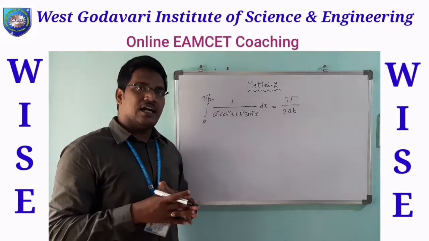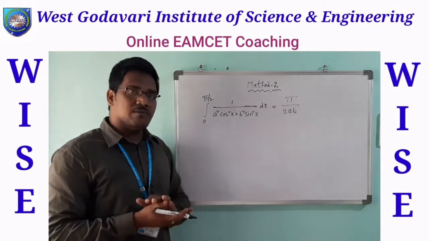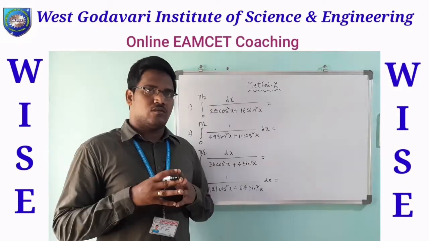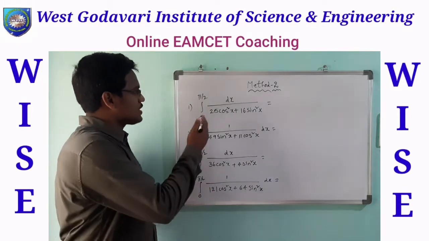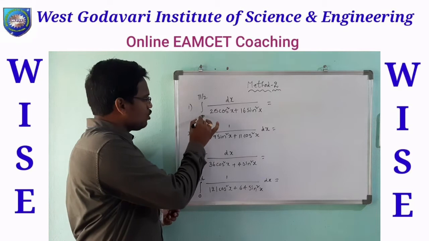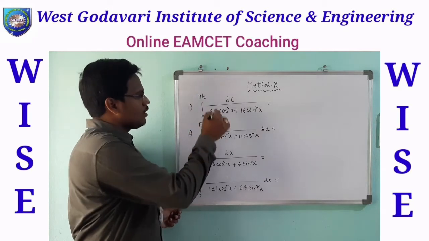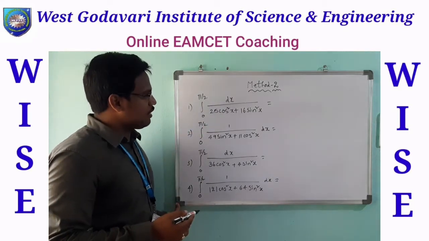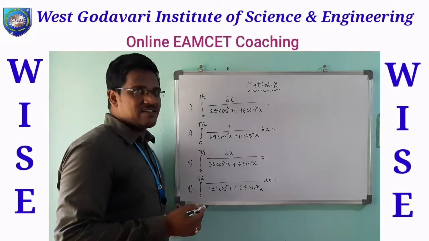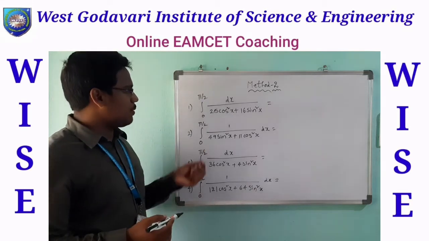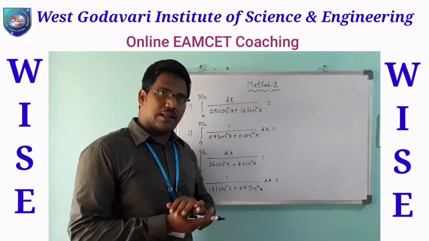Now see some problems regarding this method 2. The problem is integral from 0 to pi by 2 of dx by (25 cos square x plus 16 sin square x). Observe the format, this is suitable for method 2.